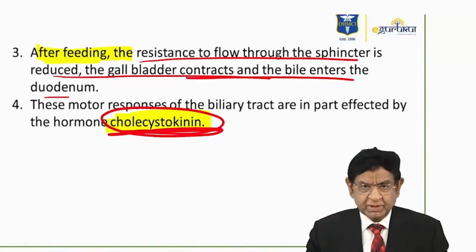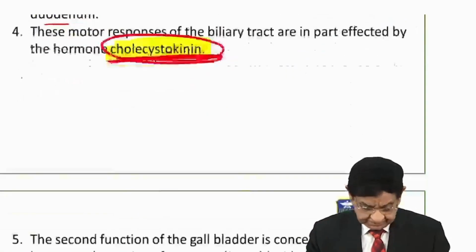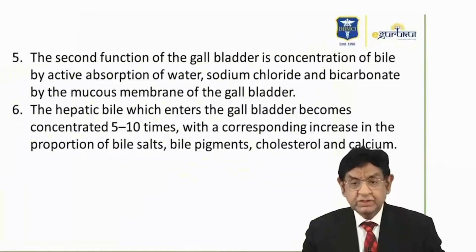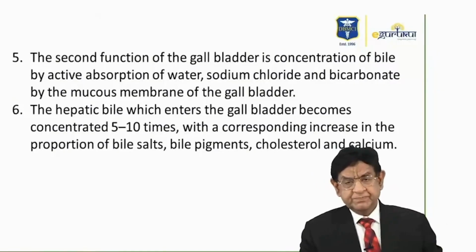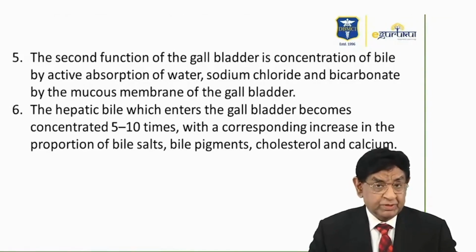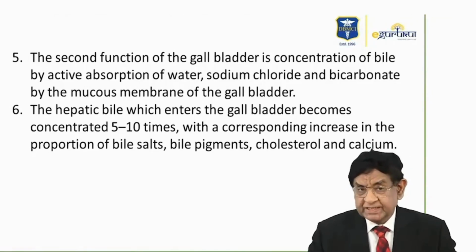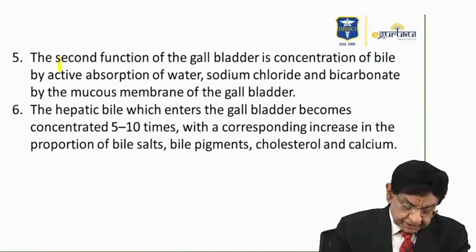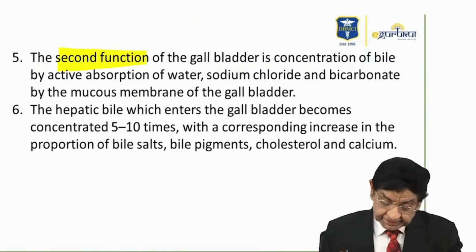Four keywords to remember in these two slides, right? So this was the one function. Bile salt is the most important thing involved in the digestion of fat. Done. There is one more function of the gallbladder.